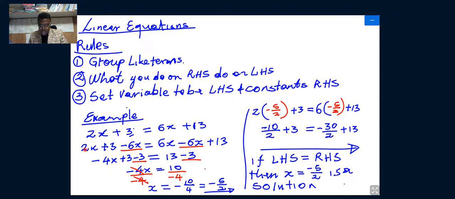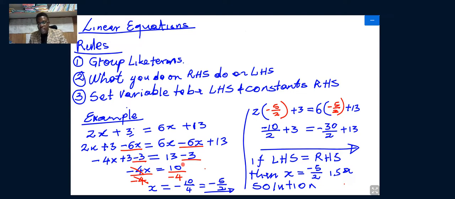And then 2x subtract 6x, I get negative 4x. I'm left with 3. This 3 has a positive sign. In order for me to get rid of it, I must use an opposite sign, which is subtraction. I will subtract 3 from 3.